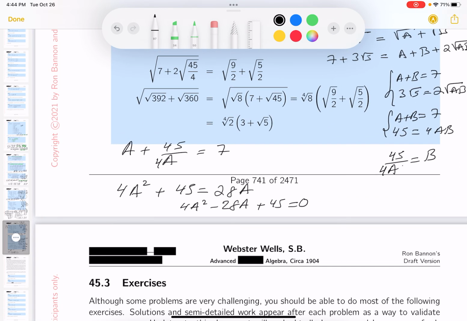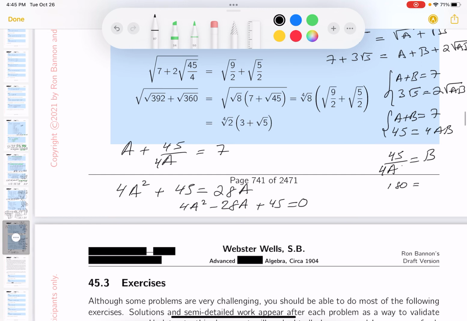I got a factor, don't I? Let's take a look. 4 times 45 is 180. And that's 4 times 45, right? I'm using the AC rule. So we need 2 numbers that give me a product of 180. I'm sorry, I didn't mean to put A because I don't want to put that down.